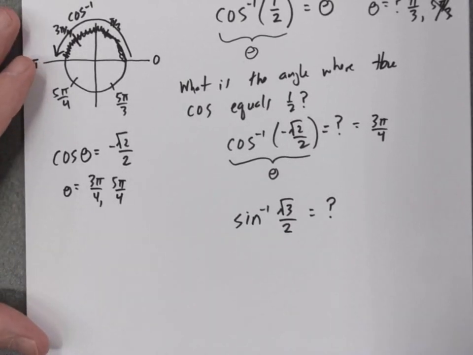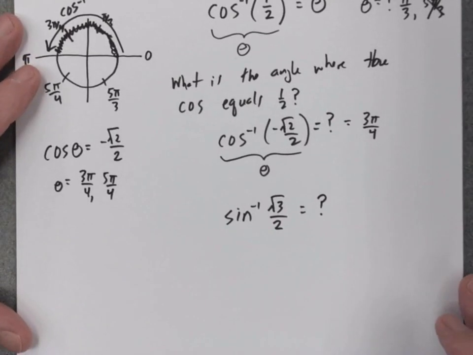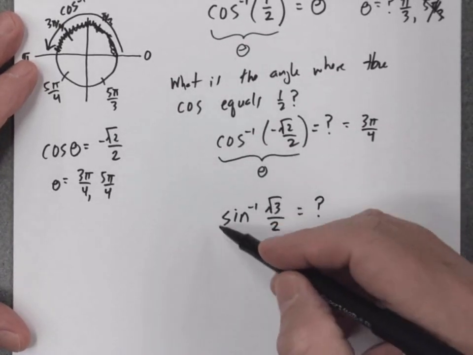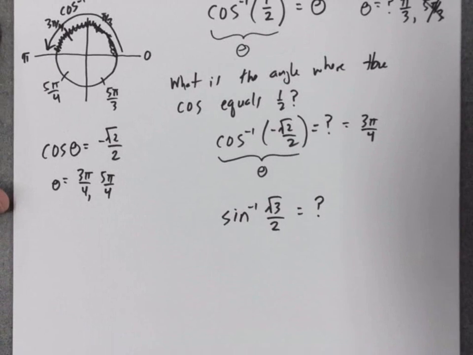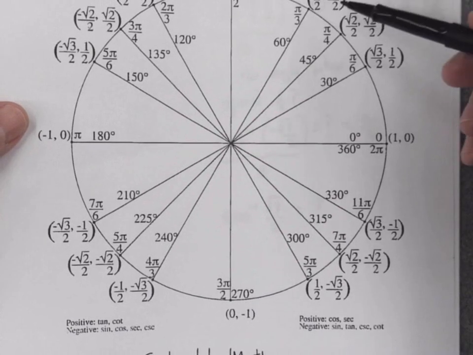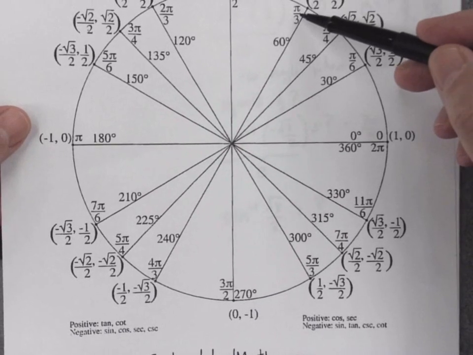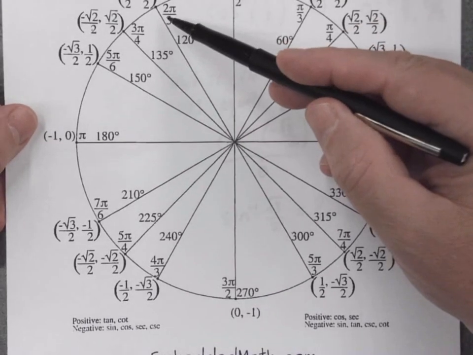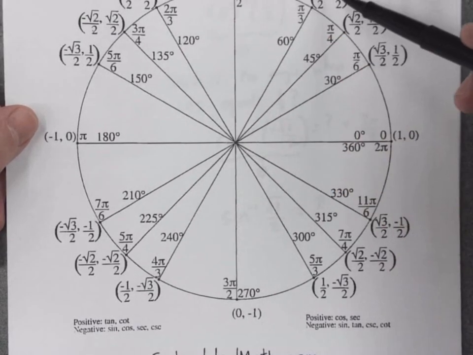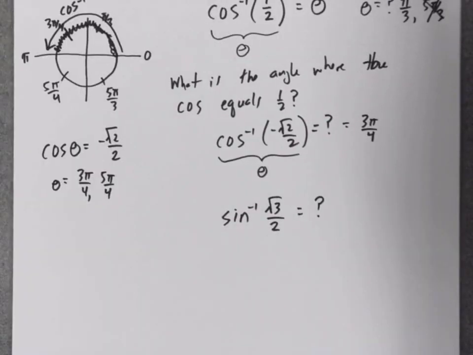Here's where inverse trig functions even get a little more interesting. I'm looking for an angle where the sine is square root of 3 over 2. If you go to the unit circle, where is the sine square root of 3 over 2? Well, right here at pi over 3, and here at 2 pi over 3. There's two angles in the unit circle where the sine is square root of 3 over 2.